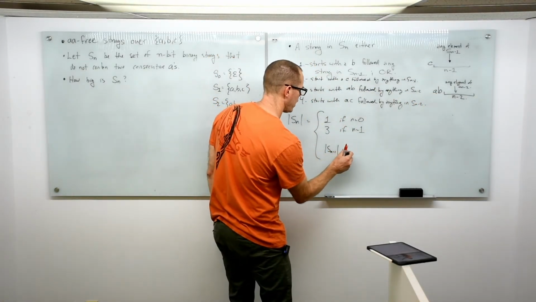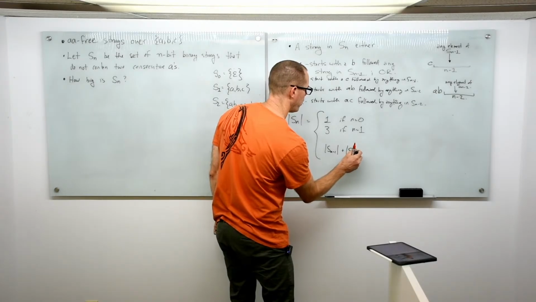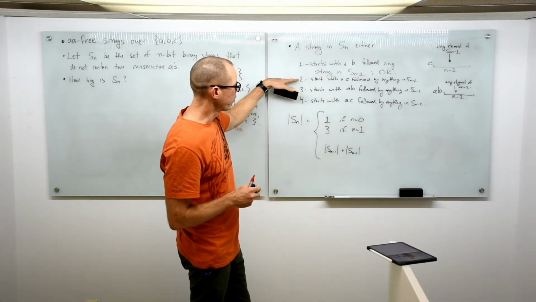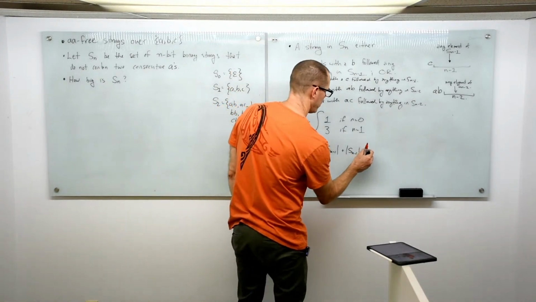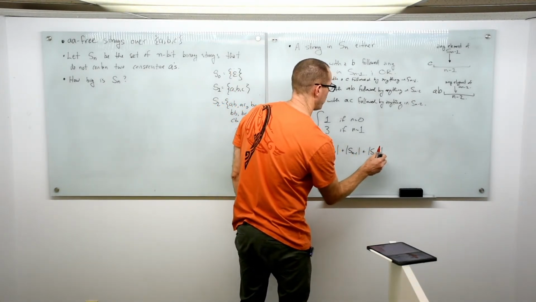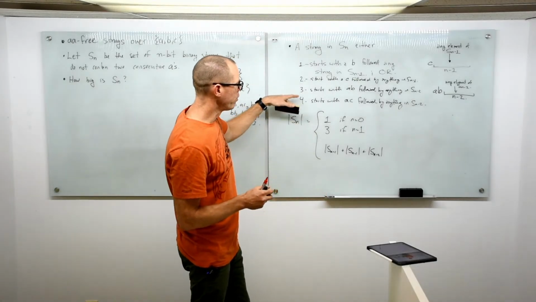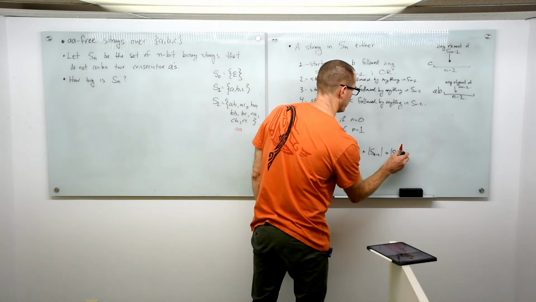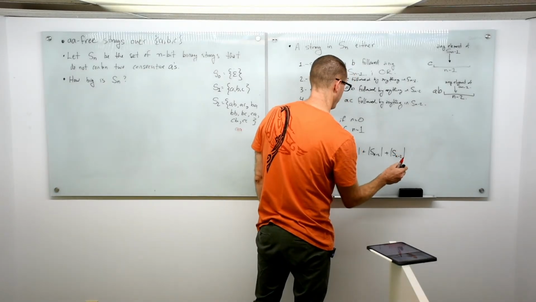But also you can take any string of Sn minus 1 and put a C in front of it and you get something from here. Or you can take any string from Sn minus 2, put an AB in front of it, or you can take anything from Sn minus 2 and put an AC in front of it.